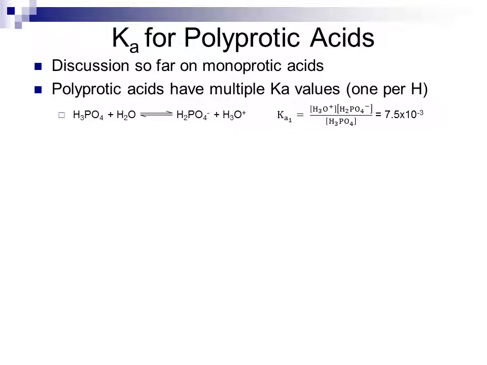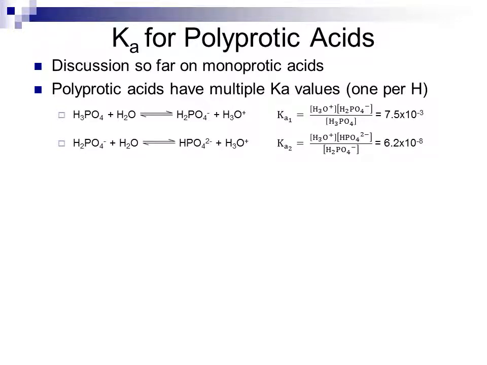phosphoric acid, H3PO4, undergoes three different ionization processes. The initial ionization removes one H, making H2PO4-, with a Ka value that reflects H3O+ times H2PO4- divided by H3PO4. This has a Ka of 7.5 times 10 to the minus 3.